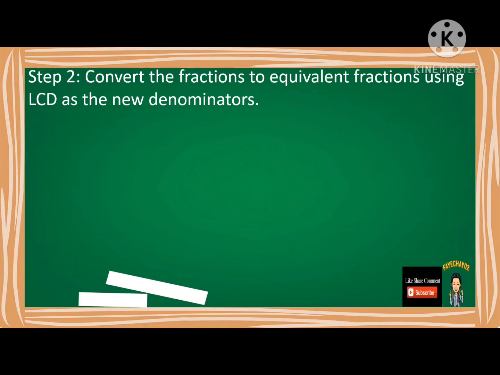Step 2, convert the fractions to equivalent fractions using the LCD. In 2 1/4 minus 1 1/2, the LCD is 4. Divide the LCD by the old denominator. 4 divided by 4 is 1.